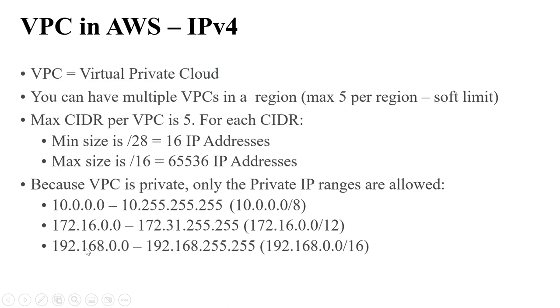And another one is for home networks, the 192.168 series. These are the allowed private IP ranges. As we know, all the remaining IP ranges are public. So only the 10 series, 172.16 to 172.31 series, or 192.168 series will be allowed for private IP addresses.